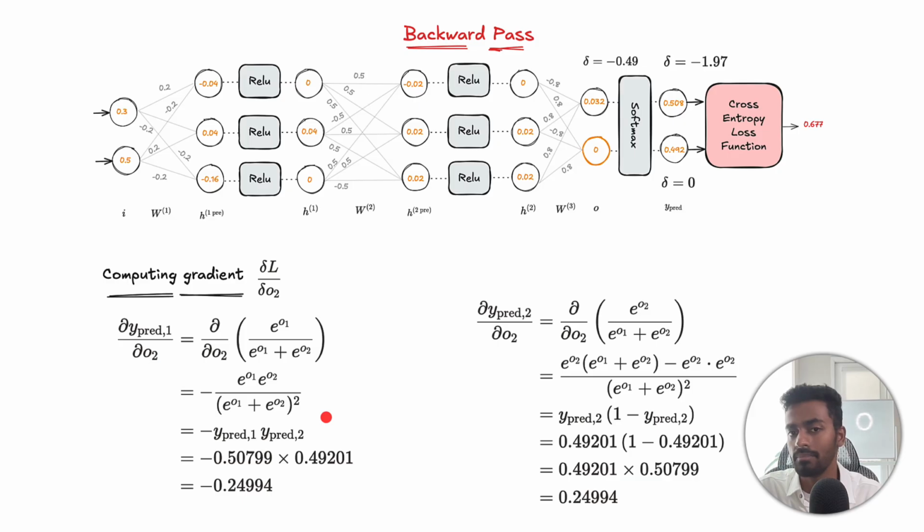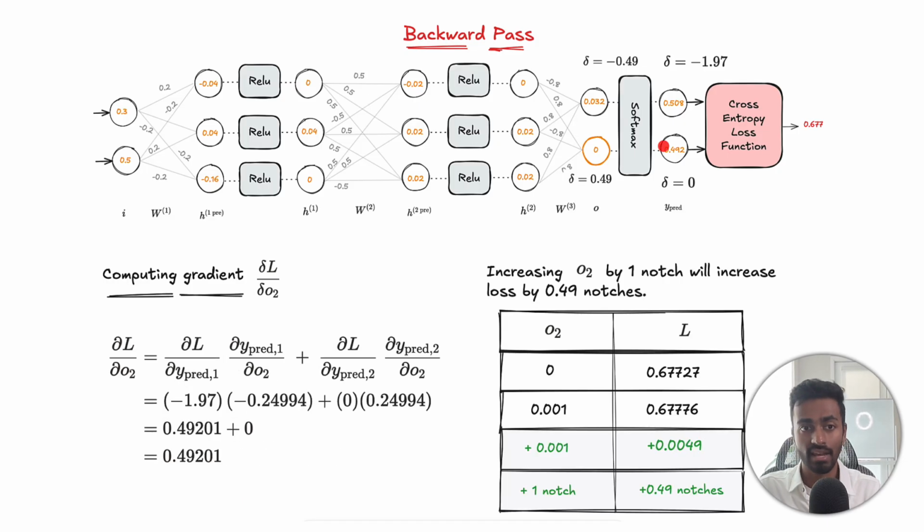Performing those computations in exactly the same way, we get similar values of negative 0.25 and positive 0.25 for the second case. Substituting into our original equation, you get 0.49201. So increasing O2 by a notch is going to increase the loss by 0.49, and that's exactly what we see when we verify this with an example as well.